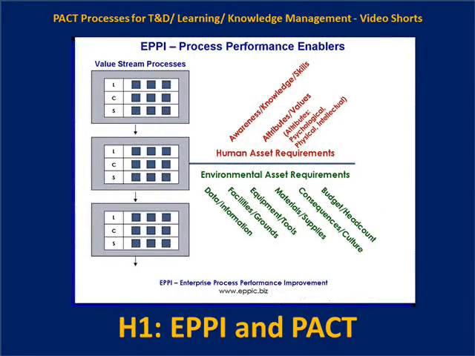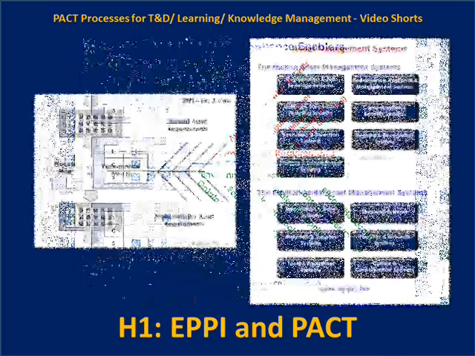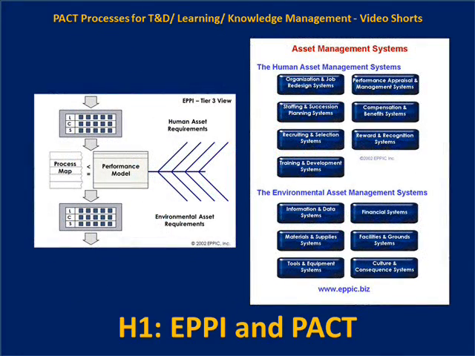For every individual process or groupings of processes, we can accumulate what those human asset requirements are and what those environmental assets are. When we find a deficiency in the human assets or in the environmental assets, we can begin to look at those human asset management systems that provide and assist the development of the humans to make them capable enough to meet the needs of the process.